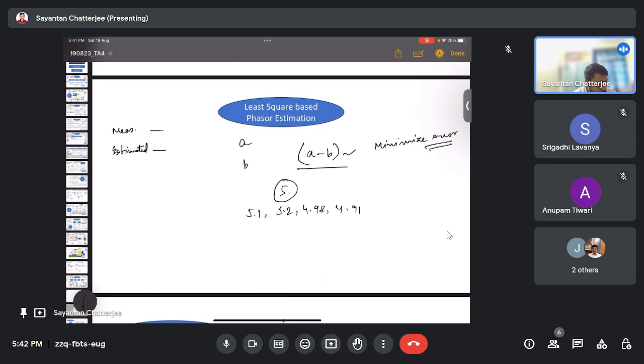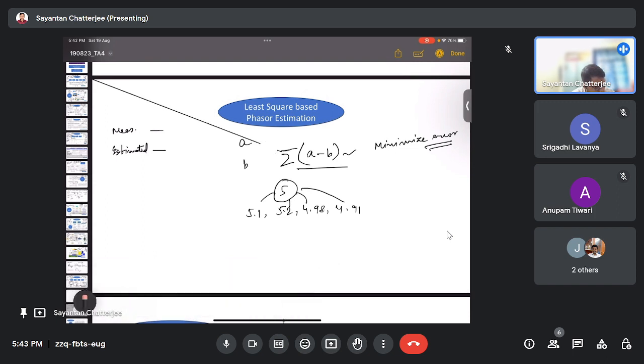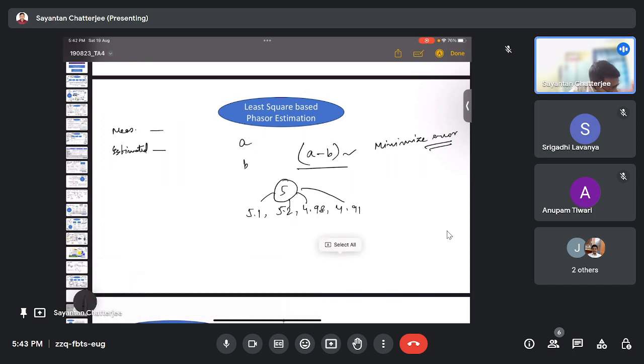If we constantly take the difference of these values, some would be positive and some negative. Then in such a scenario, if we don't go by the least square approach and take the summation, a case may arise where the sum of these differences might be 0. The sum of A minus B might be 0.